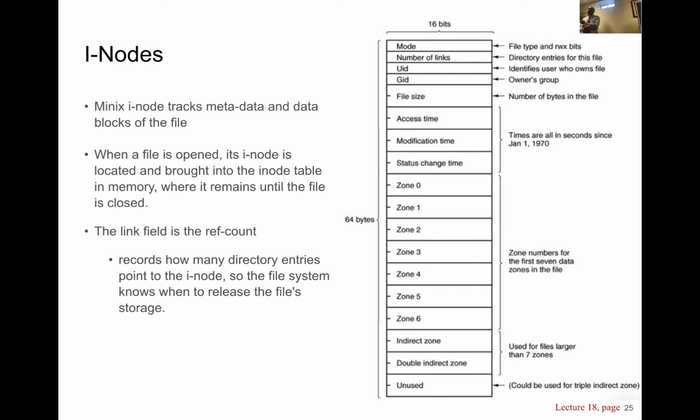Now one interesting thing you have to note here is that each inode has an ID. That is a unique ID for a file. So essentially from the file system's perspective, files are numbered, and the number of a file is essentially the inode number.